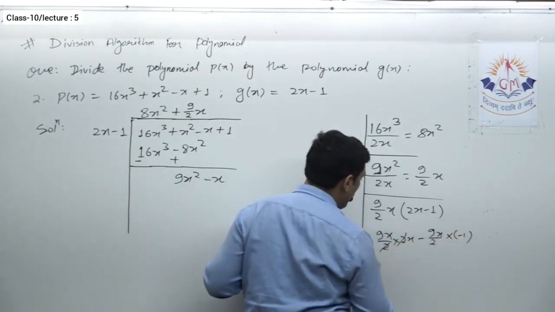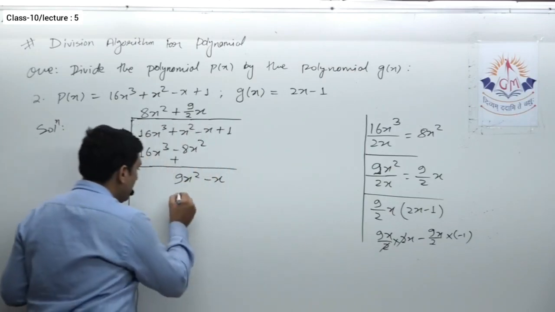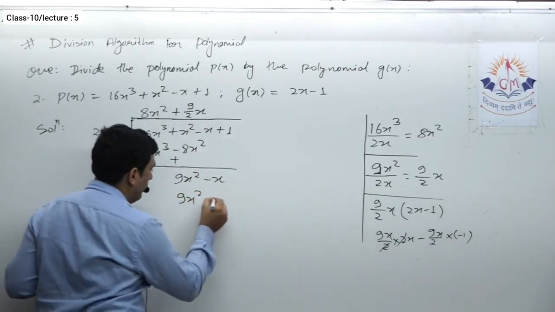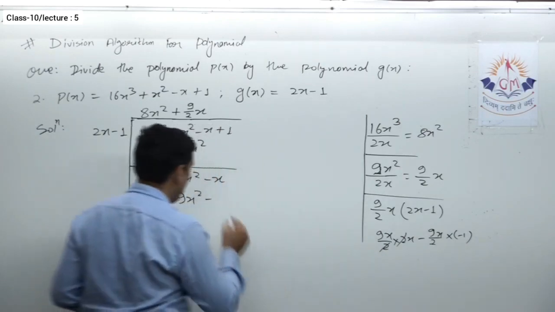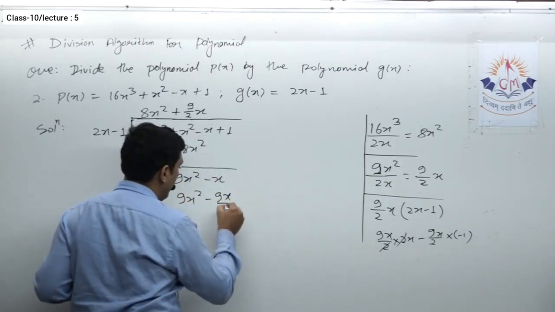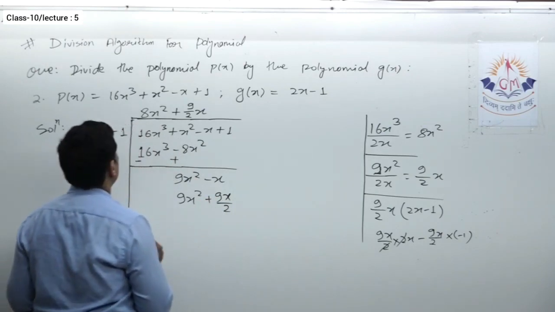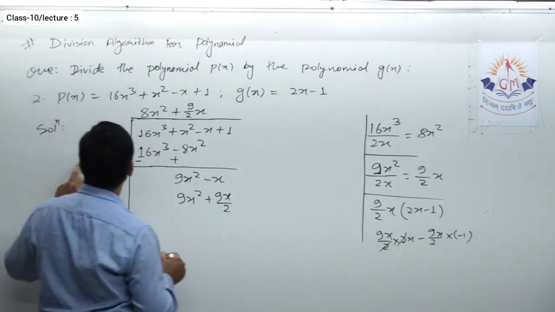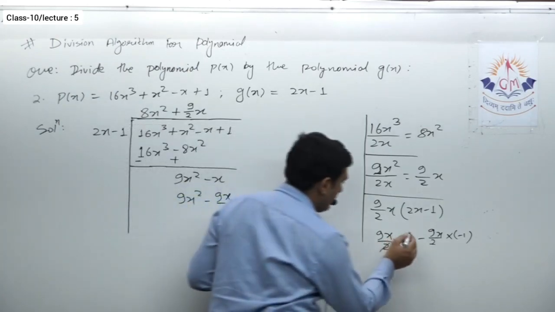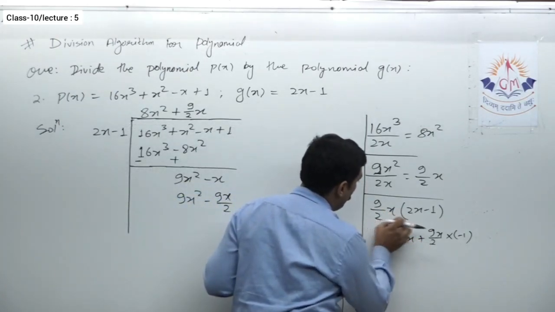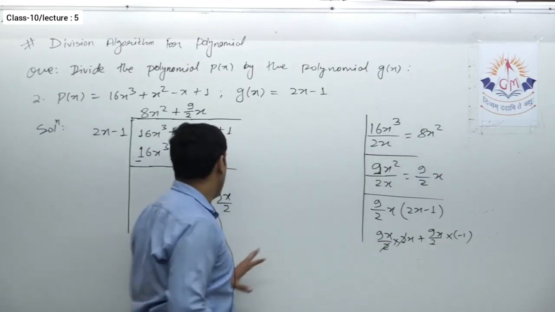This 2 and 2 will cancel out. So here I get 9x square, and over here minus and minus gives plus 9x by 2. Sorry, minus 9x by 2. Okay, this is positive: 9x by 2 times 2x minus 1, so positive.